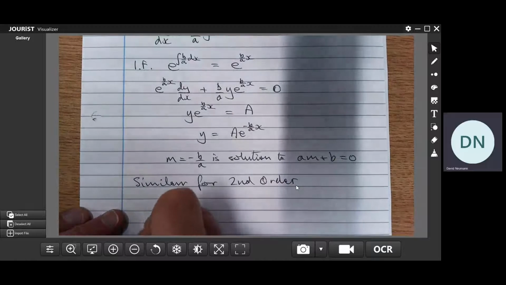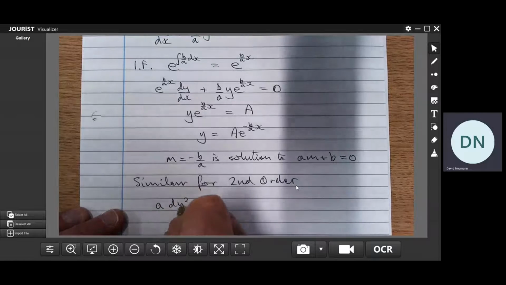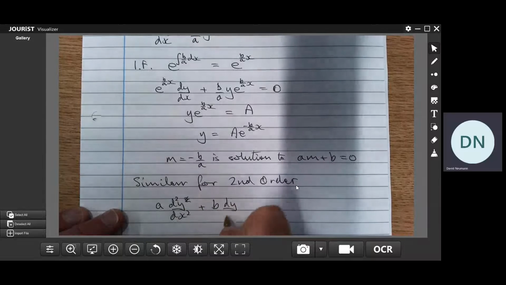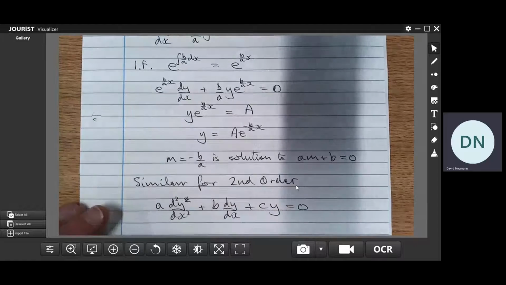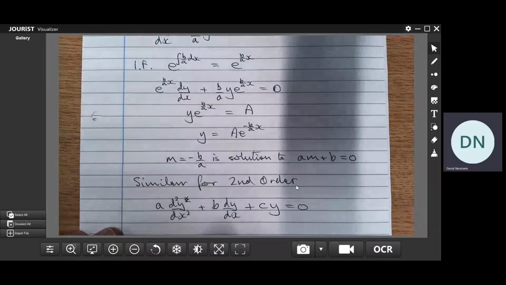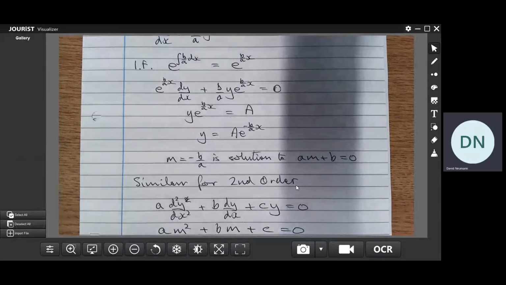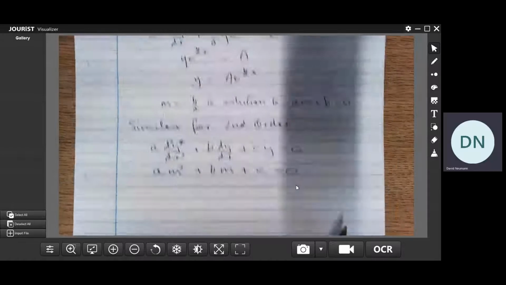So if we've got a d2y by dx squared plus b dy by dx plus cy equals 0, then we're going to use the quadratic equation am squared plus bm plus c equals 0. We're going to solve that equation.